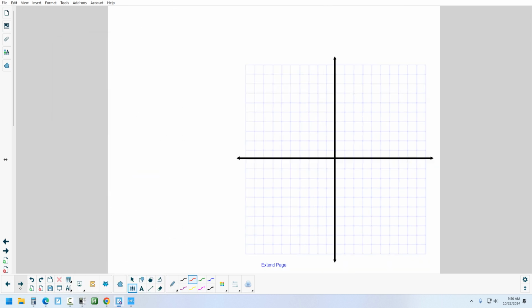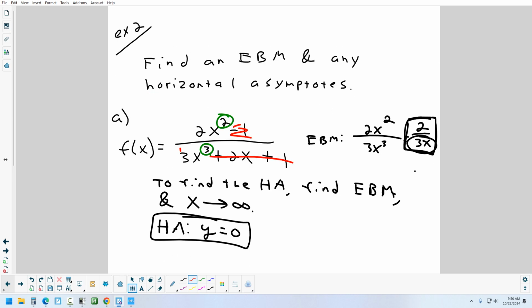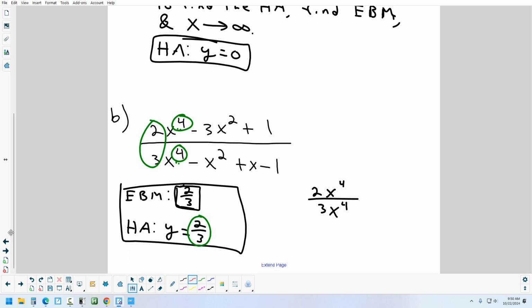So the one, I'm not going to quite get to that one today, but the one that we're going to do next, it's pretty much the same thing, but the exponents are the same. The only difference when the exponents are the same is that the EBM is not going to come out to 0 now. So, the horizontal asymptote.